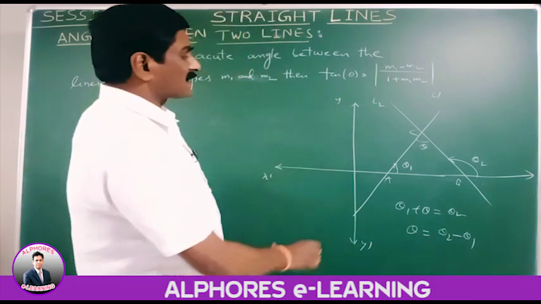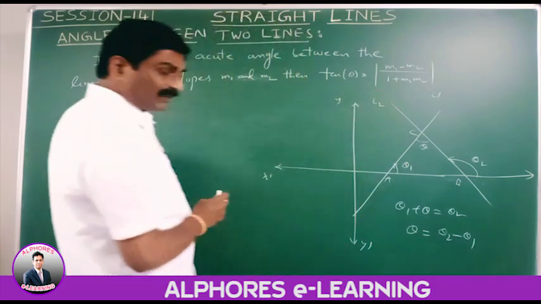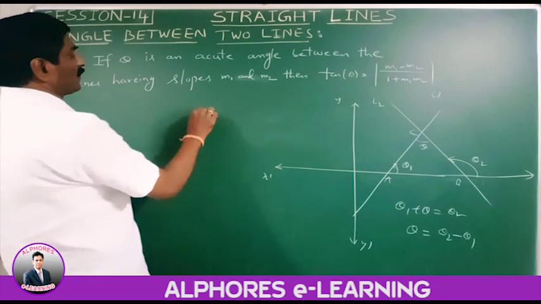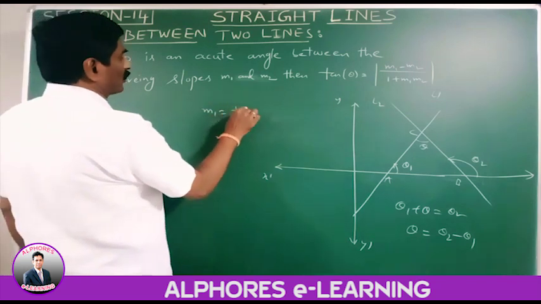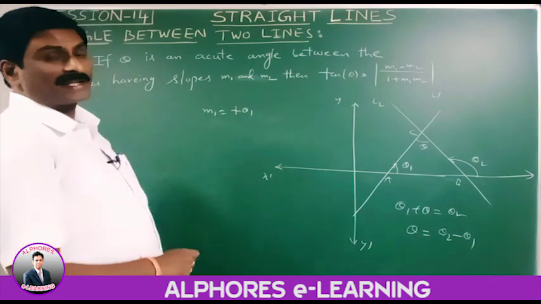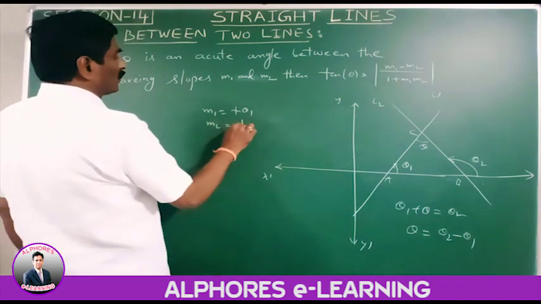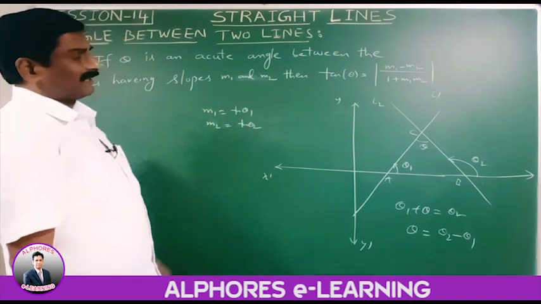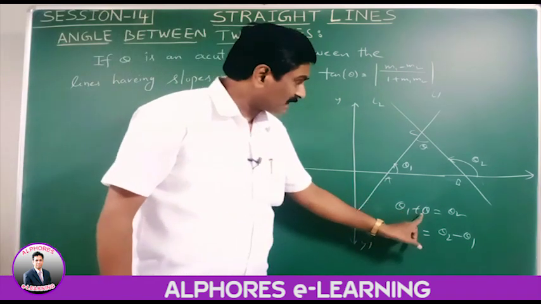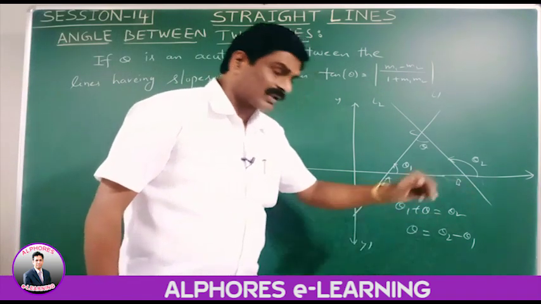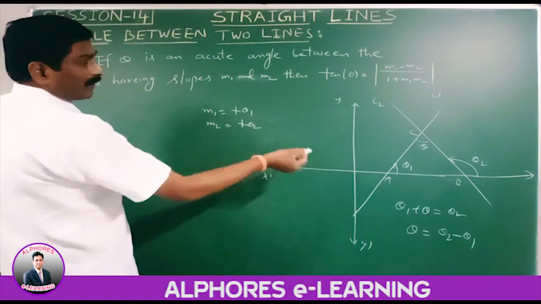Here, suppose theta 1 is the angle of inclination of the line, then m1 is equal to tan theta 1. If the angle is given, the slope is tan theta. Similarly, m2 is equal to tan theta 2. Theta 1 plus theta is equal to theta 2, so theta is equal to theta 2 minus theta 1, from the adjacent diagram.